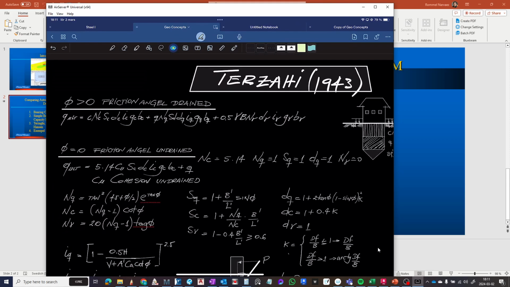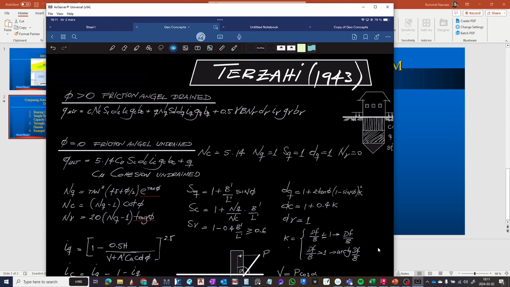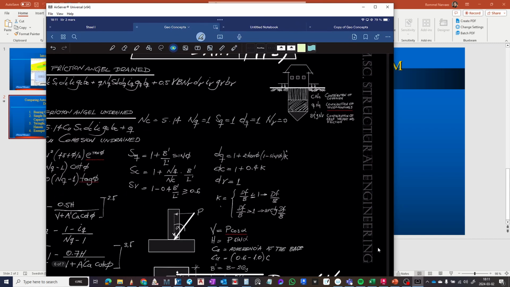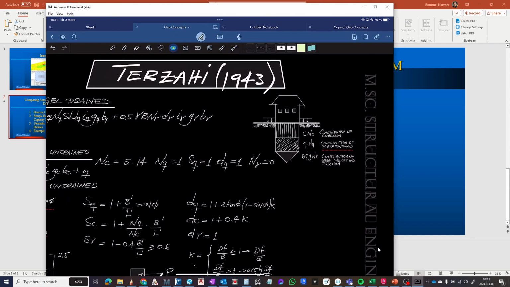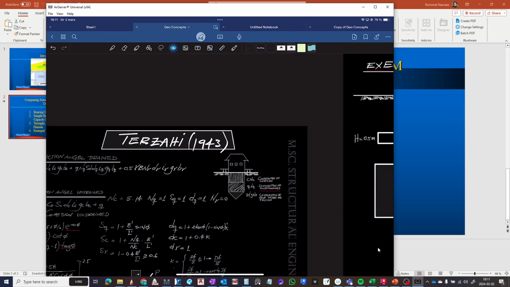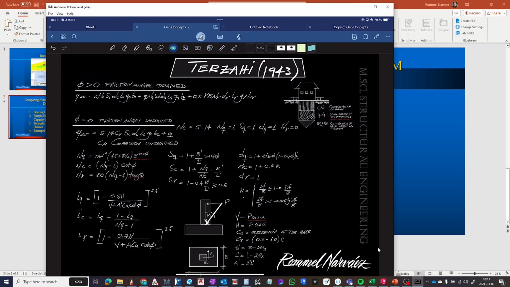Here are some considerations about shape factors and other factors that we need to apply. But we can see here in this picture the contribution of the cohesion of the soil, the contribution of the surroundings of this differential element of soil, and the contribution of the self-weight and friction. All of this is managed with these parameters.